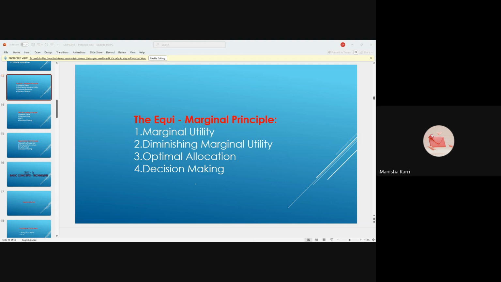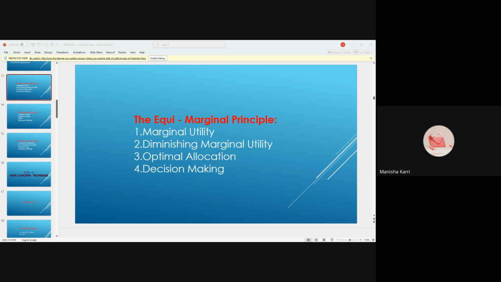The principle states that to maximize utility or satisfaction, a rational decision maker should allocate resources in such a way that the marginal utility per unit of resources is equal for all uses. Here are some key points for this principle.